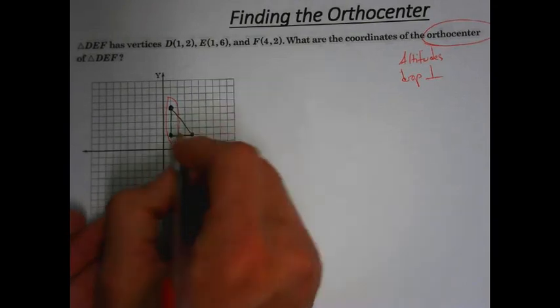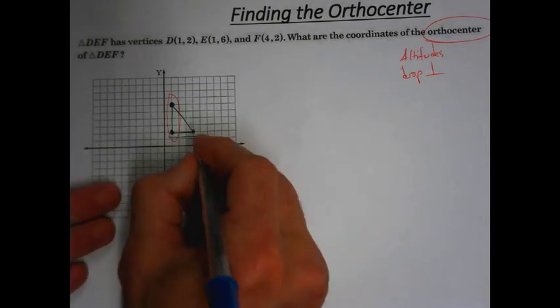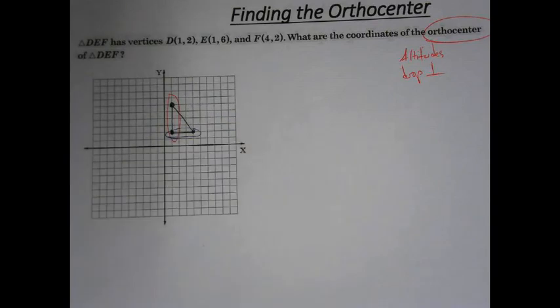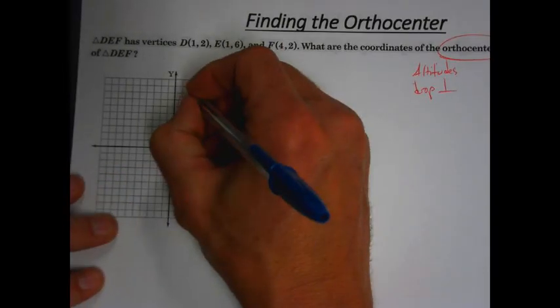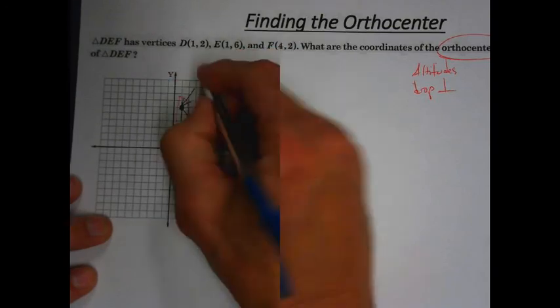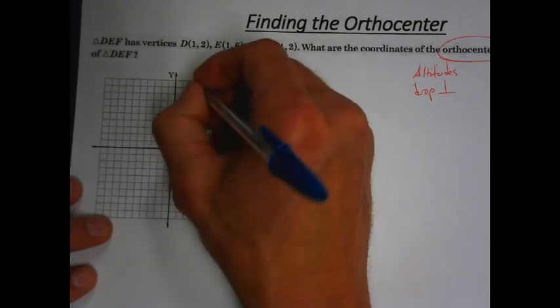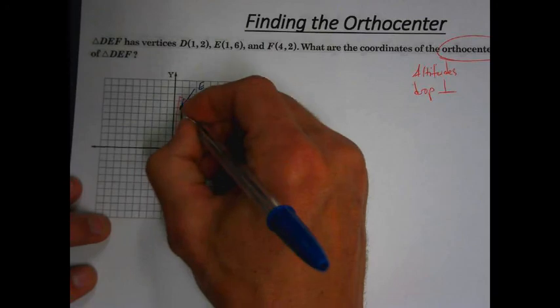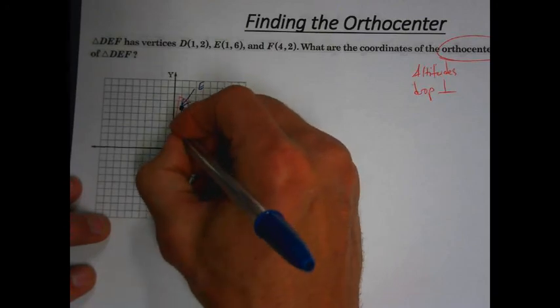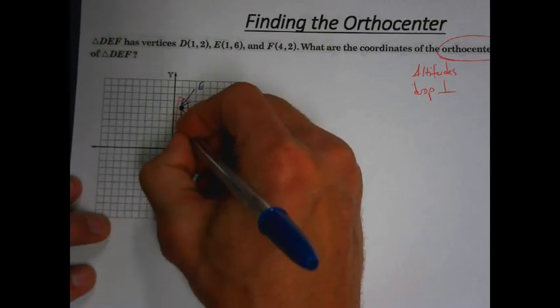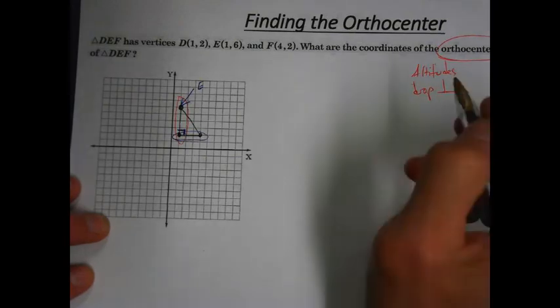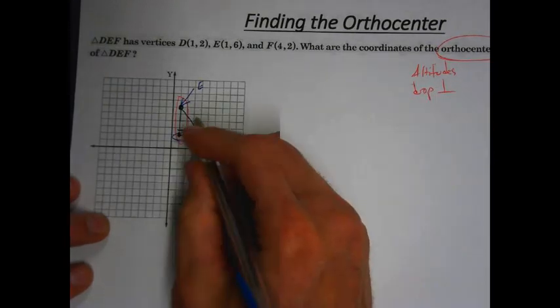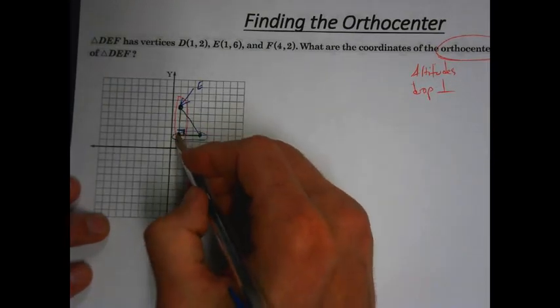And this side down here is a horizontal side. So if I'm looking at my vertex at point E, it is perpendicular down here, right? So it's perpendicular right there. I've dropped the perpendicular without even having to do work.